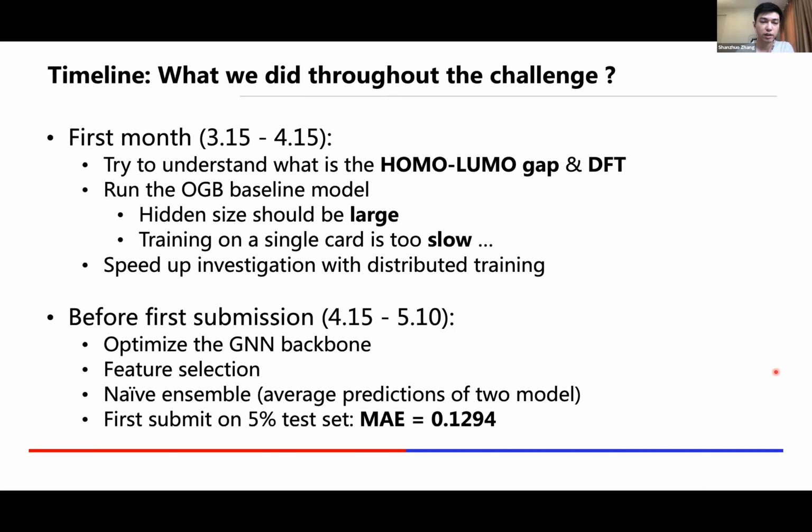And we found that the hidden size of the model should be large, and training on a single card is too slow. So this is conflicting, because we need a large hidden size of the model, but training on a single card is too slow. So we have to find a way to train the model in a distributed manner and to speed up our investigation.